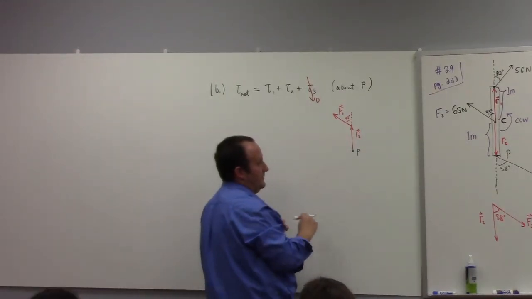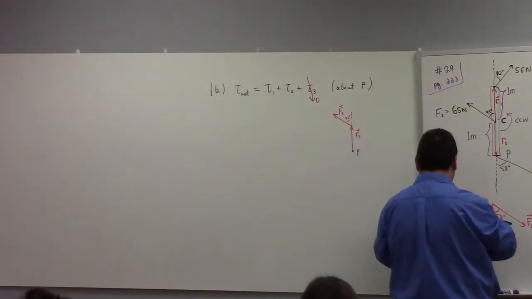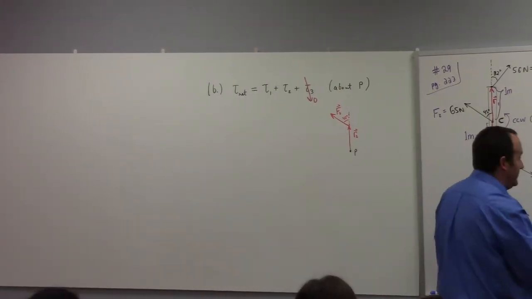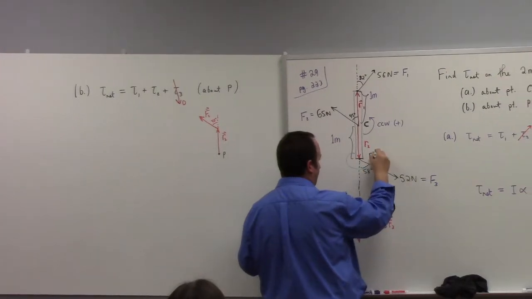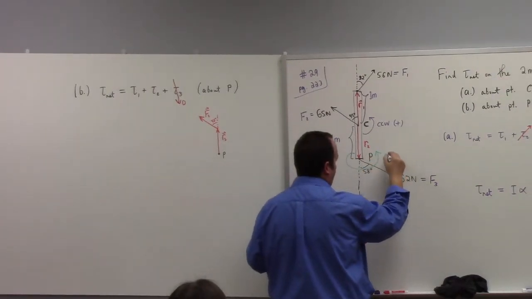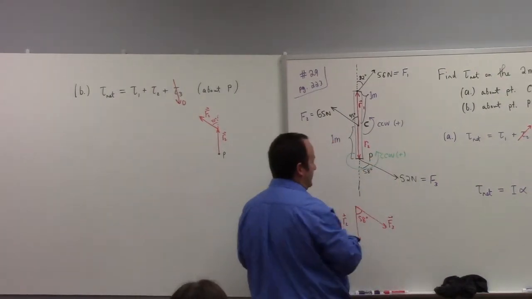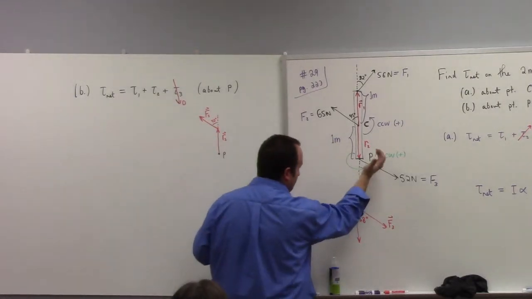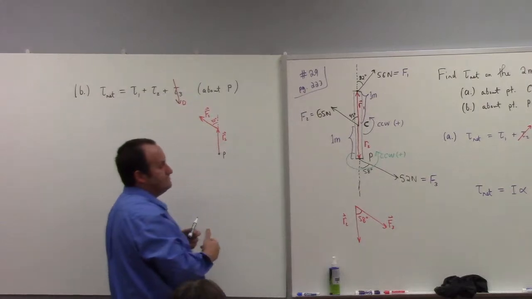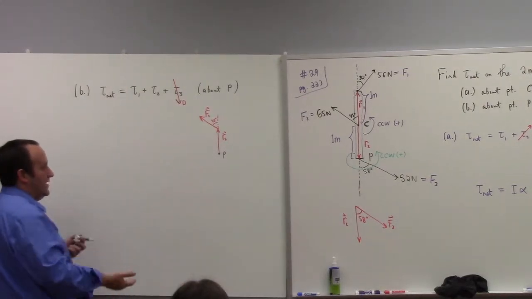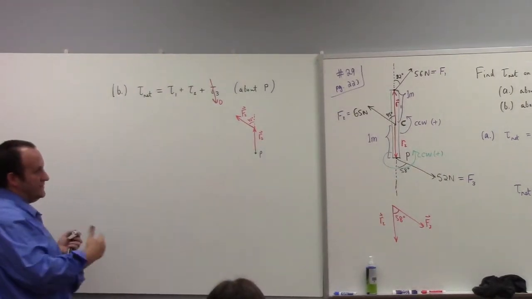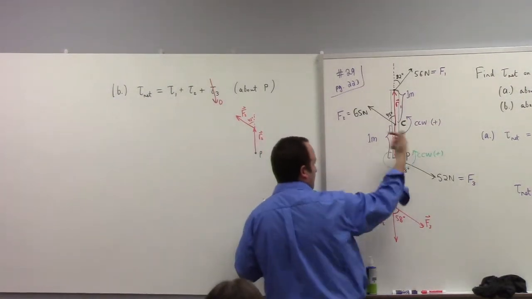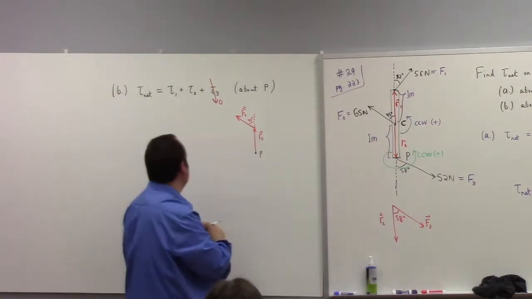Now, if we again think about the rotation relative to the point P, and we define counterclockwise as the positive rotational direction by right-hand rule, axis pointed out of the board at you, what kind of torque is F2? Is it a positive torque? I think it's a positive torque, right? Because F2 is trying to rotate us that way, so F2 is positive.